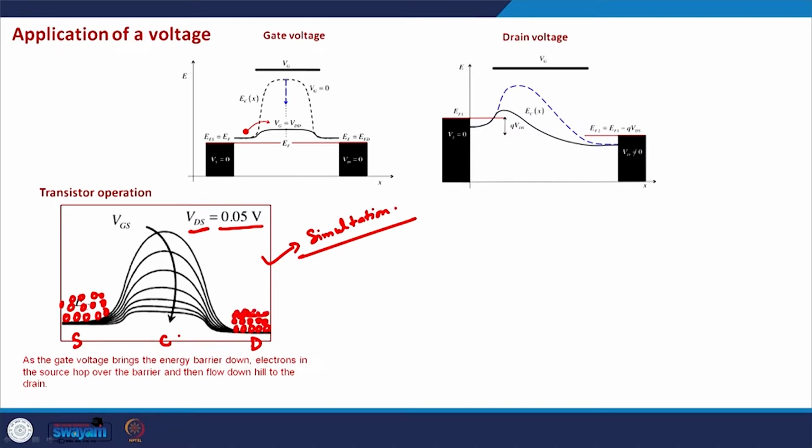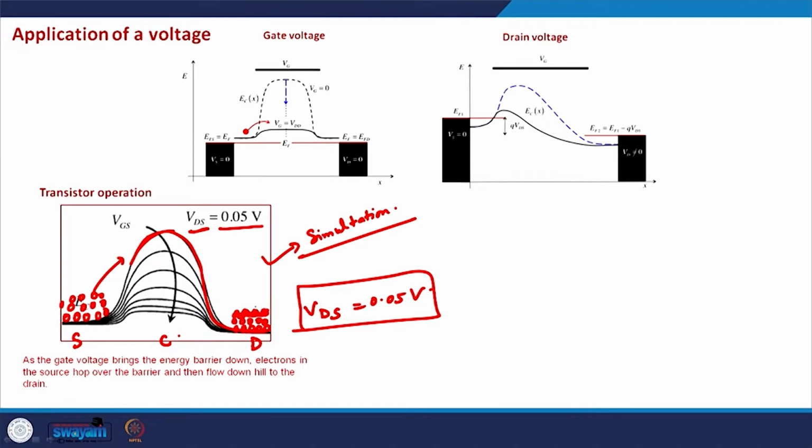Initially the barrier is this high, and even if we apply a small drain voltage, a small VDS of around 0.05 volts, there won't be any current in the system, because the probability of these electrons crossing the barrier is extremely small. This barrier is too high for these electrons to cross.